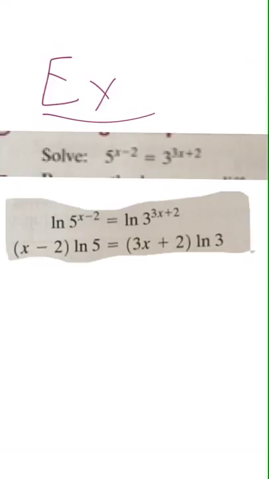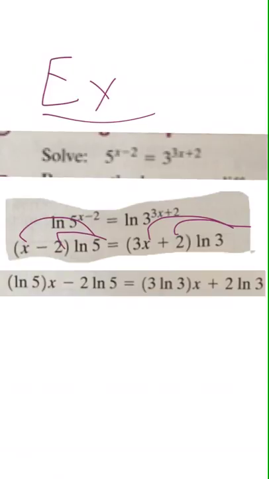Since we're multiplying the parentheses by the logarithms, we could distribute each logarithm into the parentheses. And we would have x times ln of 5 after we distribute the first time. Then minus 2 times ln of 5 is equal to 3x times ln of 3, or 3 ln of 3 times x, whichever order you want to put it in, plus 2 times the natural log of 3.